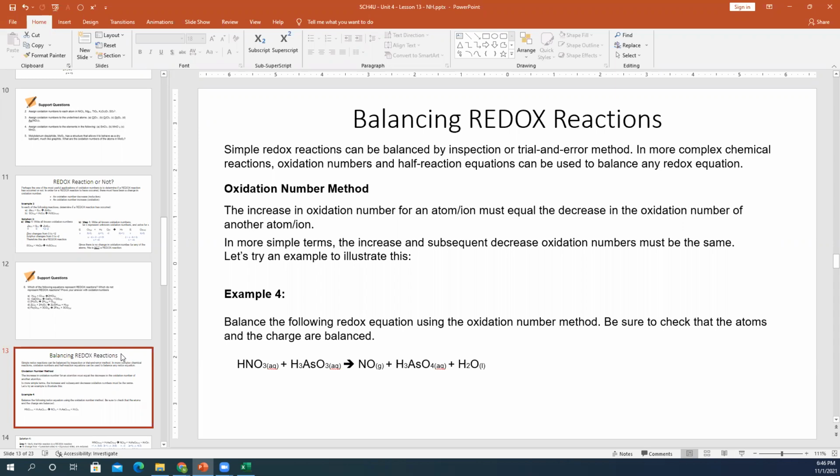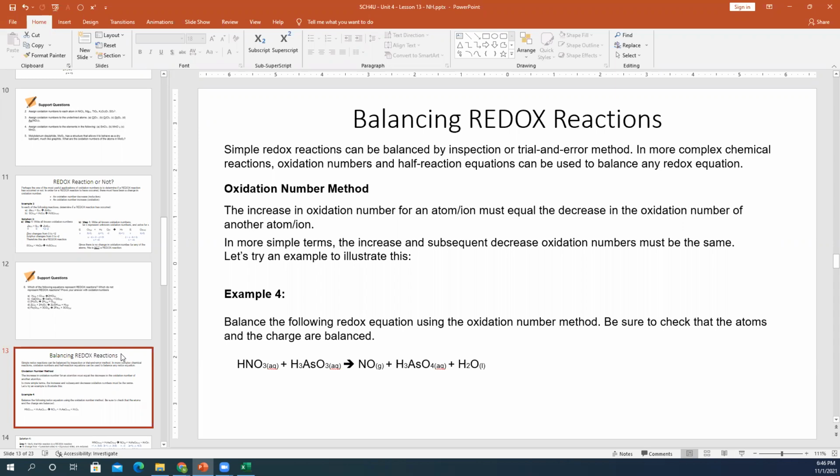But if you've got a more complicated type of redox reaction, it's going to be very difficult to balance just by inspection or trial and error. You're going to spend a lot of time doing a lot of trial and error. It's better to have a systematic method of balancing more complex redox reactions. So you can use half reactions to balance these redox equations.